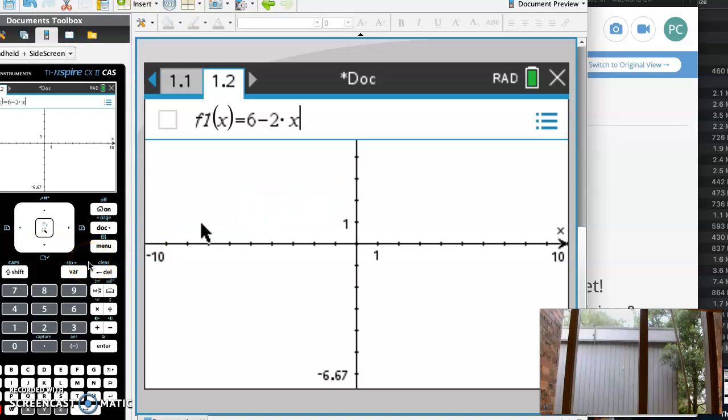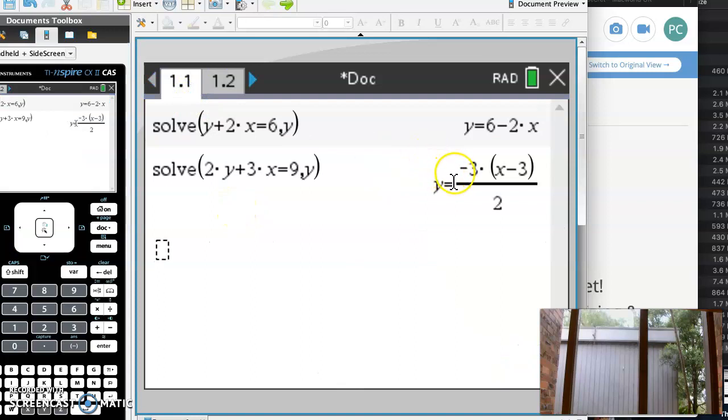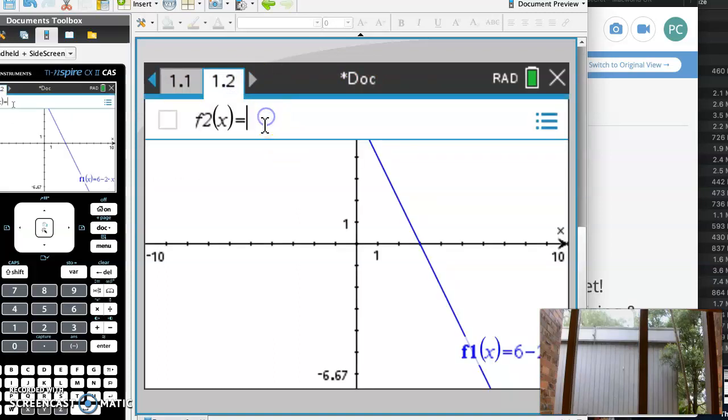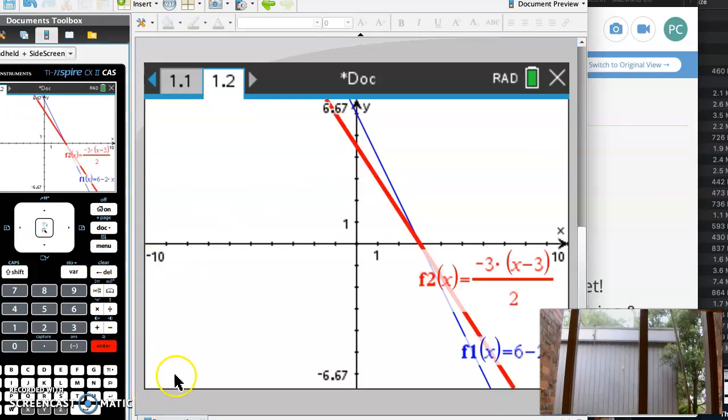To go to my next equation, I can hit my down arrow to get to F2. Again, I go back to my calculator page, Command C to copy, and Command V to paste. When I press Enter, then I get my two graphs.